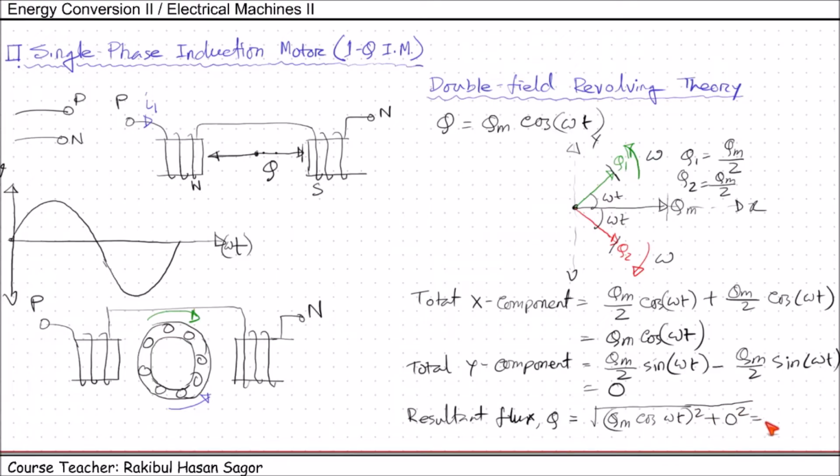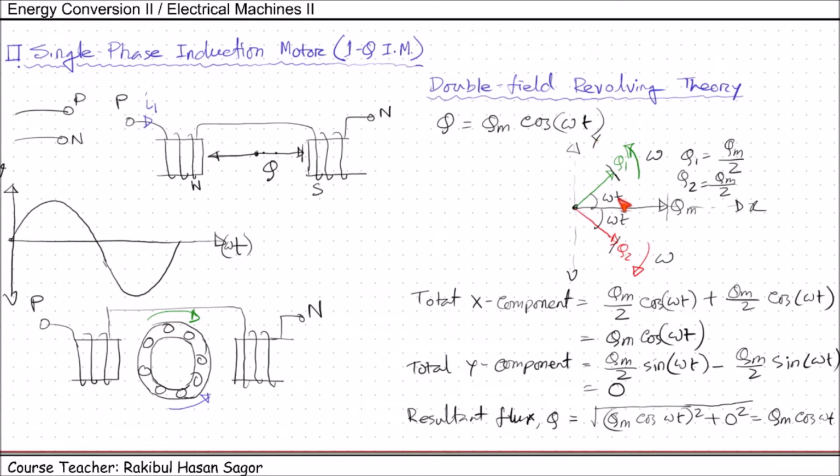That will return us phi m cos omega t. So we can see the resultant flux vector phi is equal to phi m cos omega t along the x-axis. Therefore, an alternating field can be replaced by two rotating magnetic fields of its half amplitude rotating in the opposite direction at synchronous speed. We can say at any value of omega t, the summation of phi 1 and phi 2 will give us this phi m cos omega t.